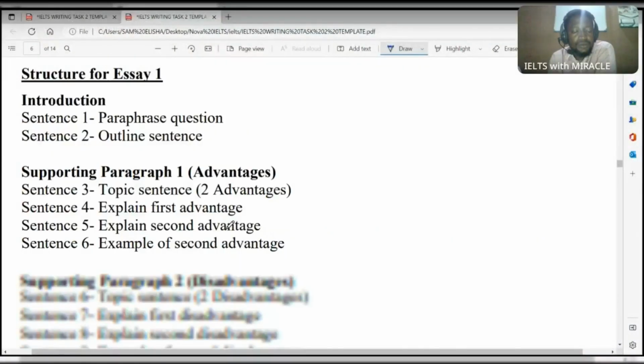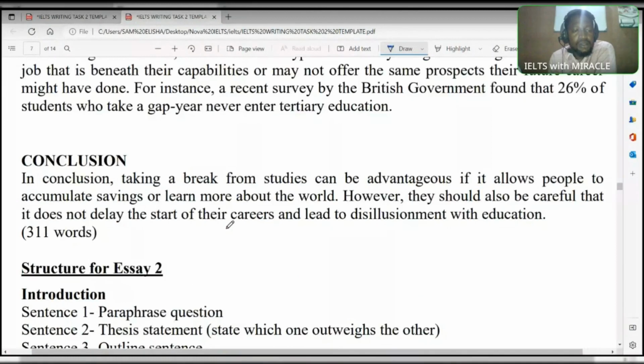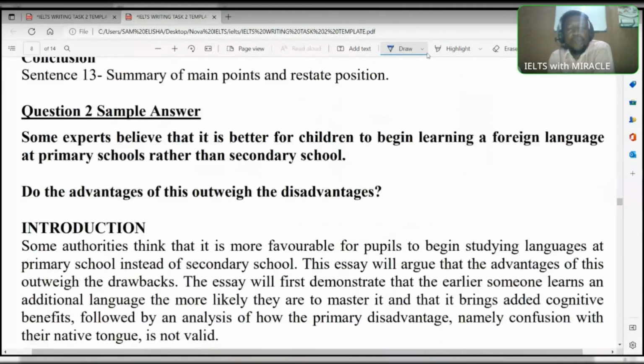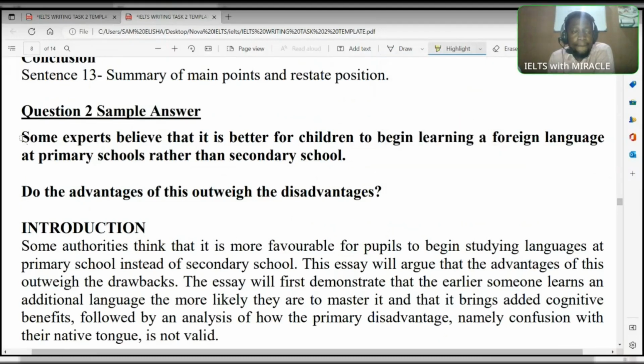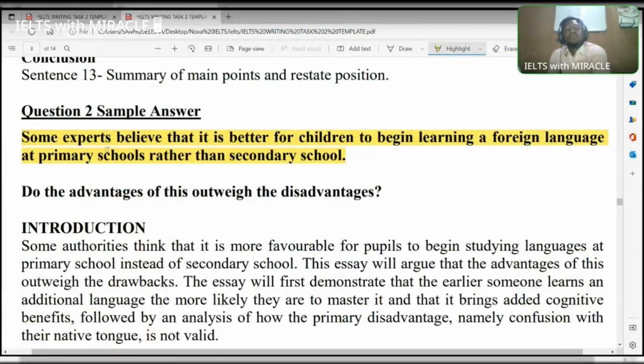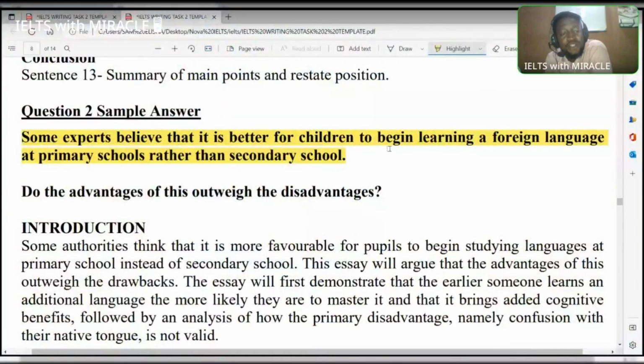Okay, here we have a sample question. Look at it here. Let me highlight it. Some experts believe that it is better for children to begin learning a foreign language at primary school rather than secondary school.